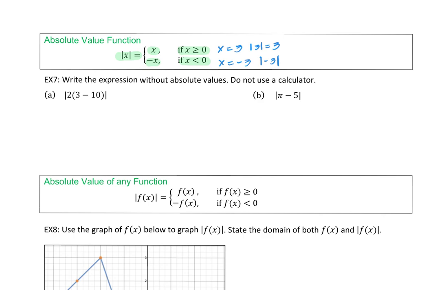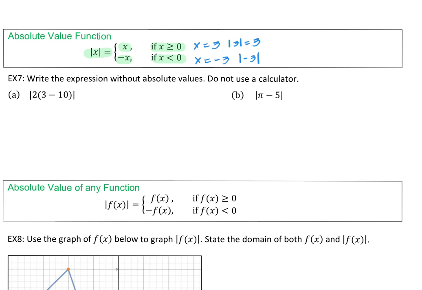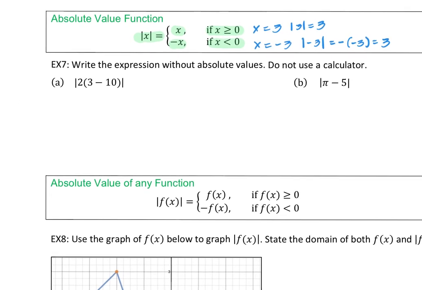But why is it just 3? Well, formally, looking at the definition, it's because this is equal to the negative of -3, which turns to a +3. So that's actually what we're doing when we say, oh, just make it positive, is we're taking the negative of a negative, which turns into a positive. Now, typically, we don't really use that definition that much.